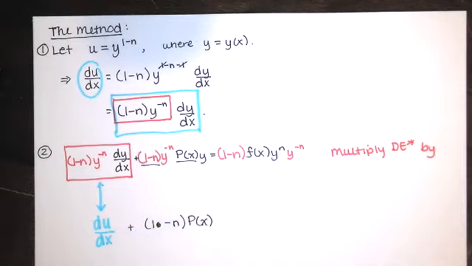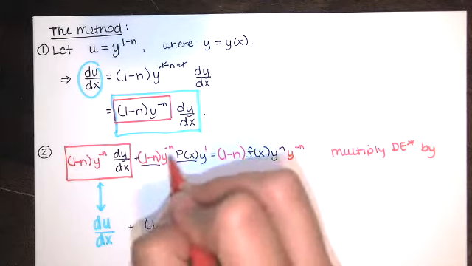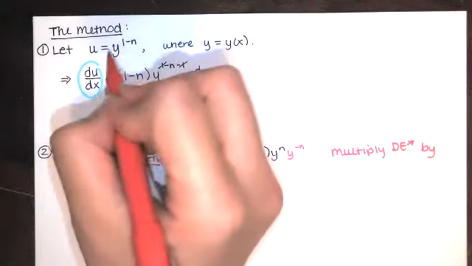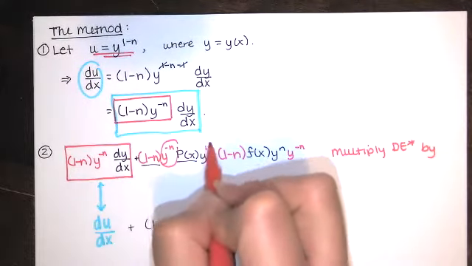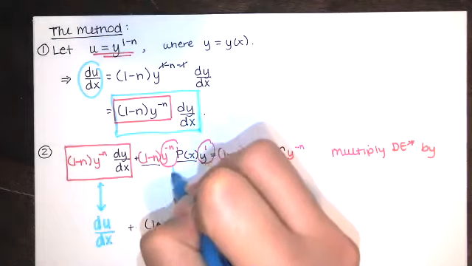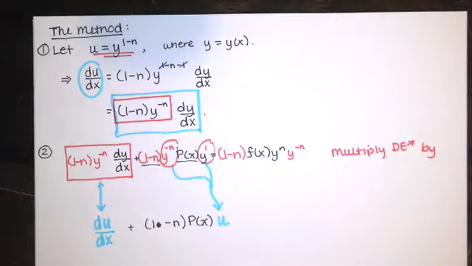I'll bring my p of x down. And then what's left over? I've got a y to the negative n times a y to the first. Remember, you add the exponents. That's y to the 1 minus n. And that was our initial choice for u. So this times this, that becomes just a u. You multiply those guys together. That ends up giving you a u right here.